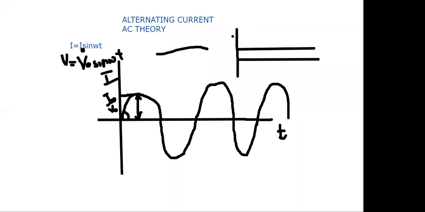Now bear with me. Under waves, those of us who have done waves, omega is also given by 2 pi over T, where T is time or period. We all know this. How many of us don't know this equation?